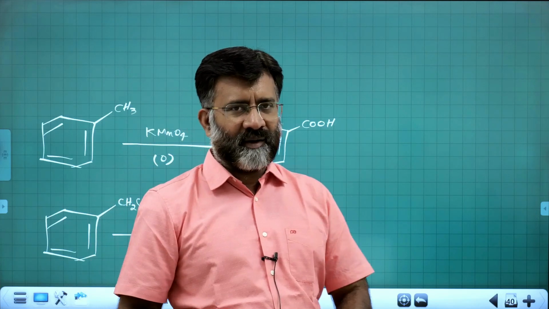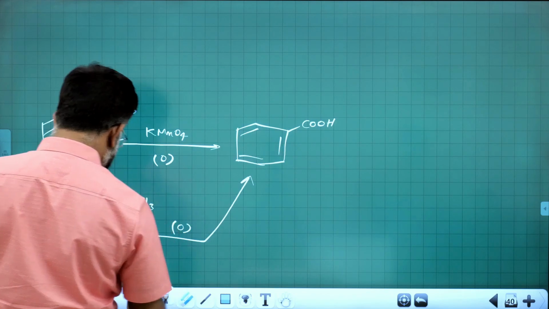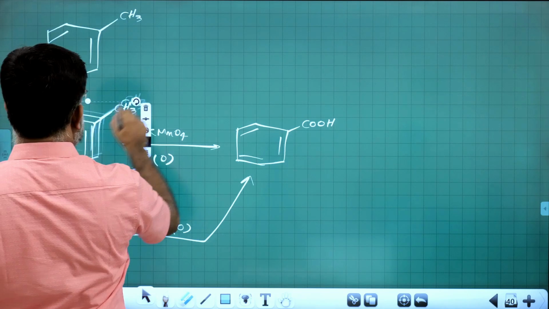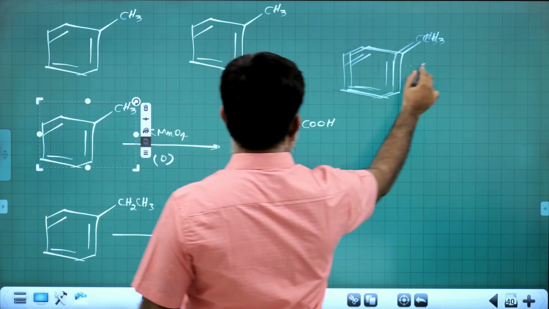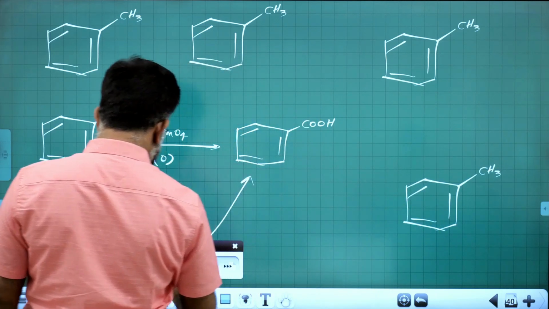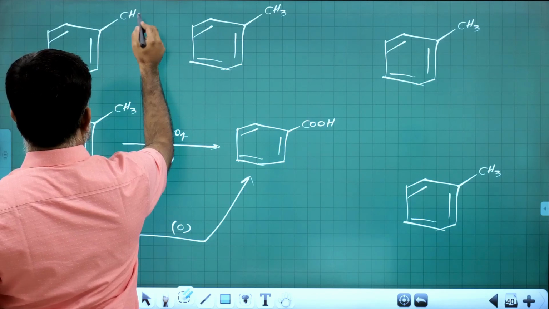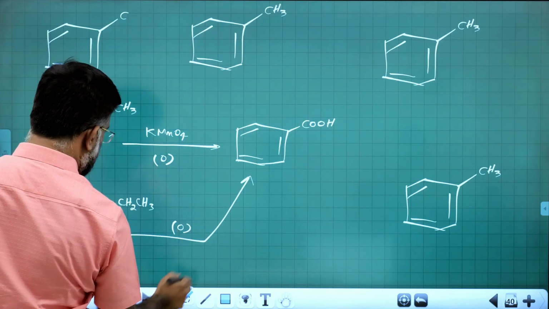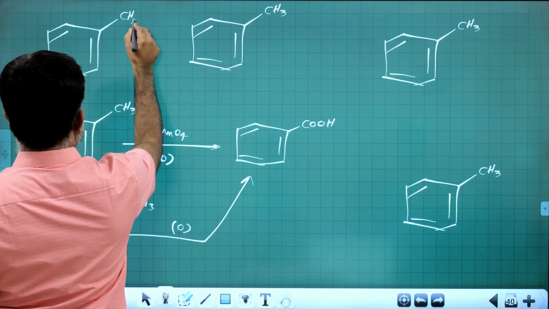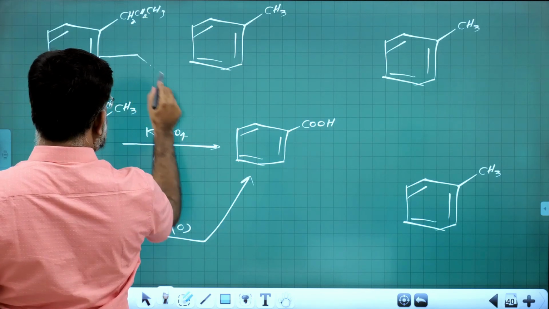So if it is 1 carbon, 2 carbon, 3 carbon, whatever it may be, imagine it is 3 carbon, CH2, CH2, CH3. The result is the same.